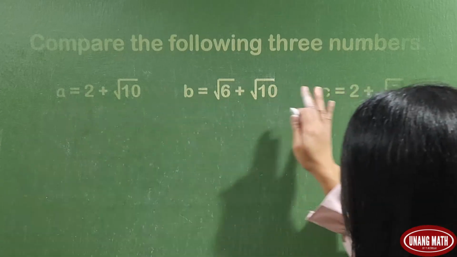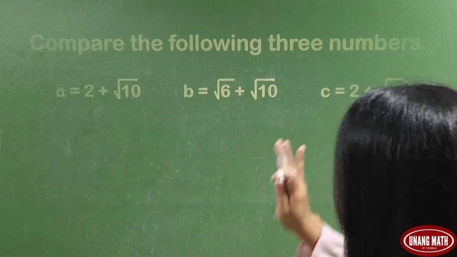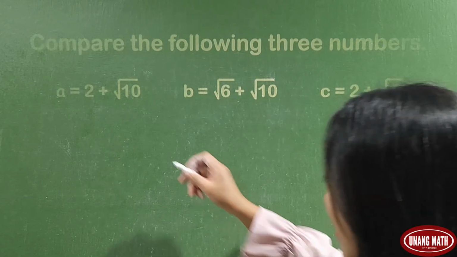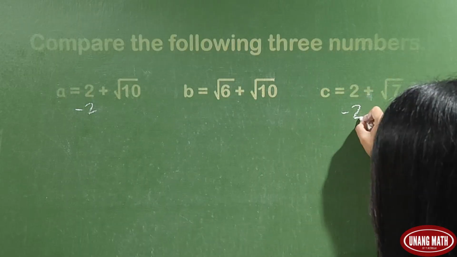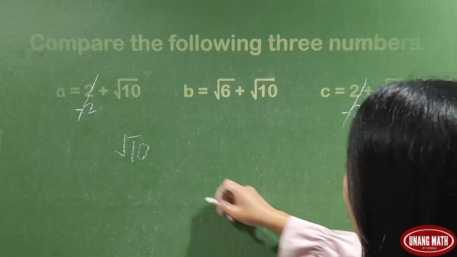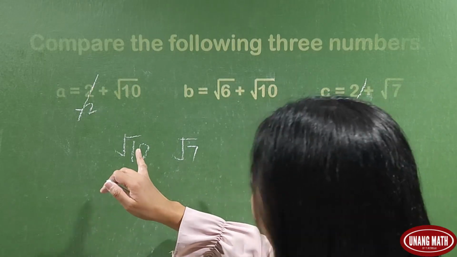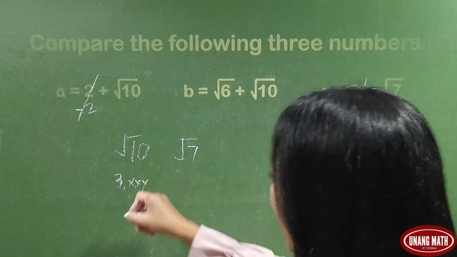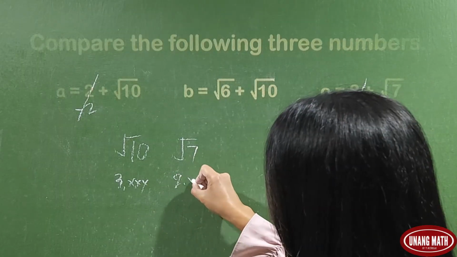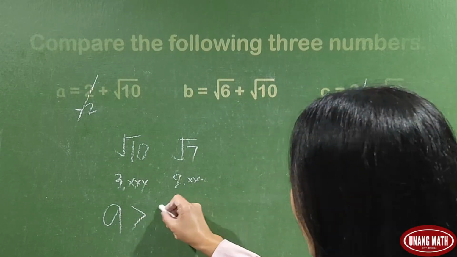Let's compare A and C. This is 2 plus the square root of 10, and this is 2 plus the square root of 7. Using the properties of inequalities, we can subtract 2 and 2. Then we have the square root of 10 and the square root of 7. If we estimate, the square root of 10 is 3 point something, and the square root of 7 is 2 point something. So it means A is greater than C.